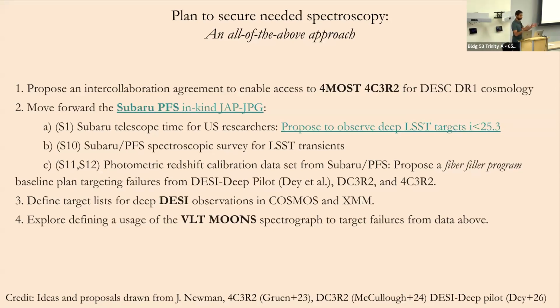The question is, what does failure mean in this context? VLT is a very powerful instrument, and so would we be reserving that for objects for which we don't have successful redshifts and can't get them with the other instruments? The answer is basically yes.